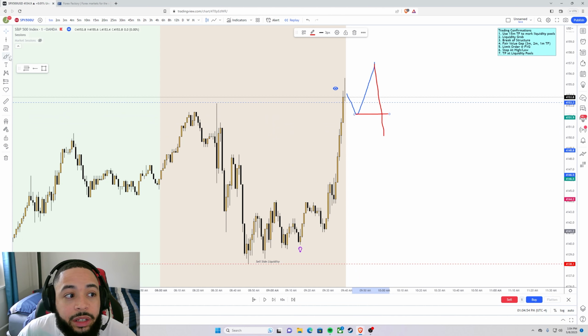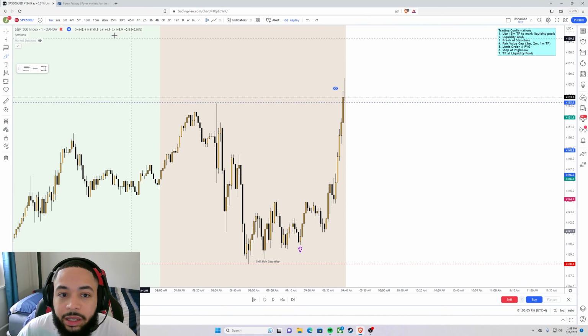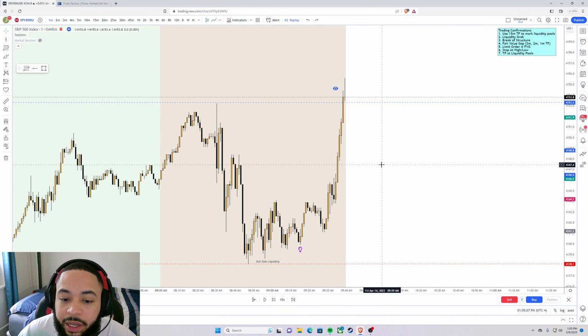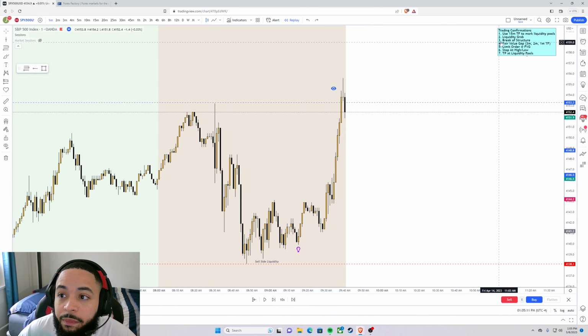Then we can take an entry at a fair value gap and head down. So that's the crude drawing of what I would like to see, but we'll let price play out. We're in the 1 minute candle because we want to see price action.